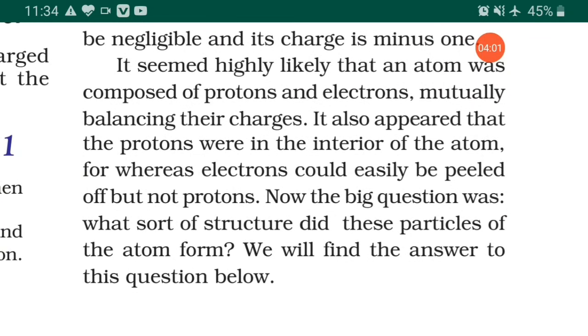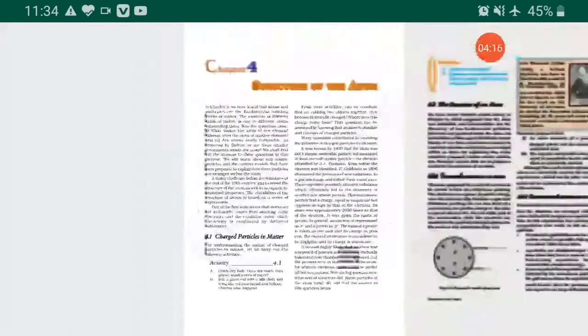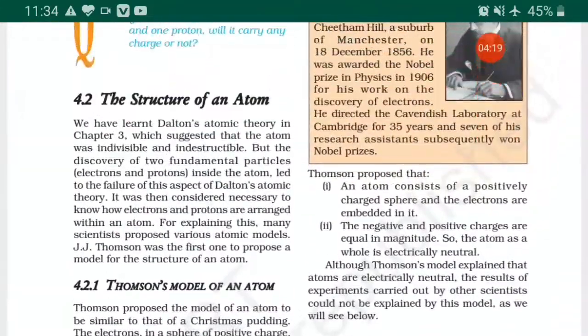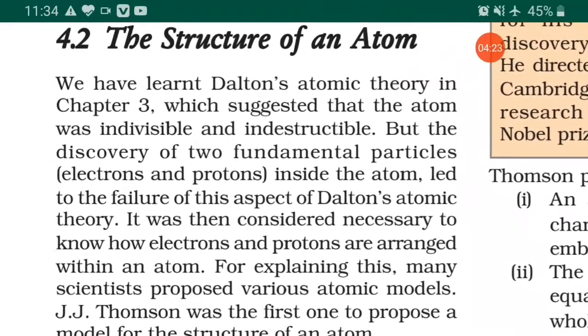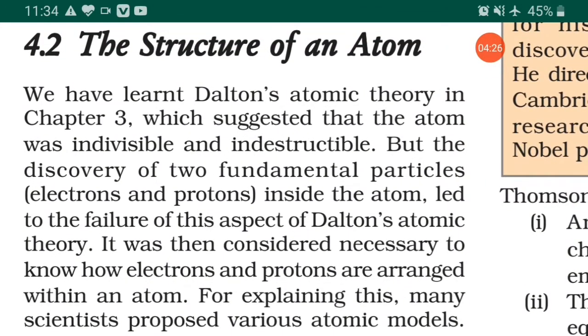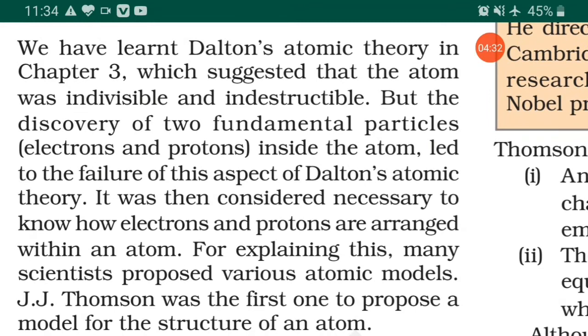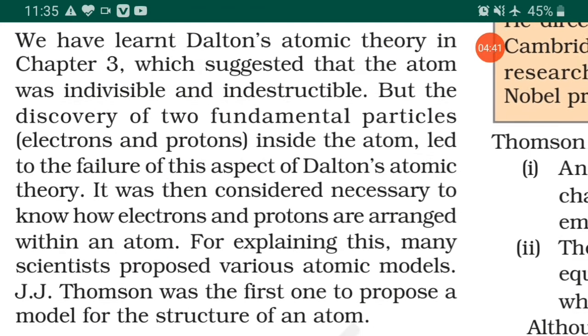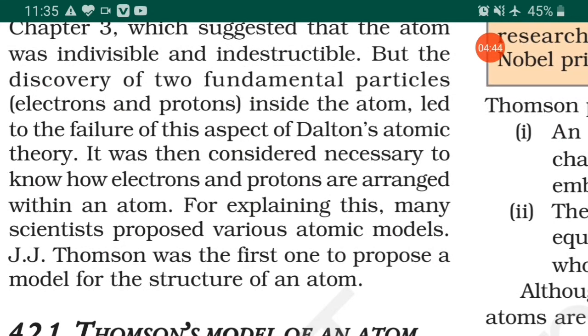So the electrons and protons are there in the atoms, and there is another third subatomic particle that we consider as neutrons, which we will also discuss. Now when we discuss the structure of an atom, as we have learnt in the previous chapter, Dalton's atomic theory suggested that the atom was indivisible and indestructible, but the discovery of the two fundamental particles, electrons and protons, inside the atom led to the failure of some aspects of Dalton's atomic theory.